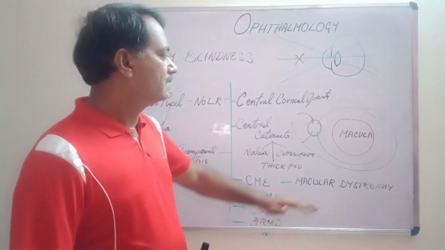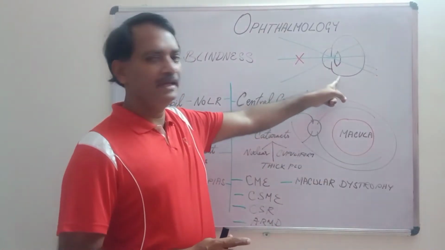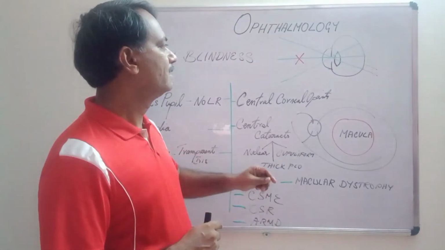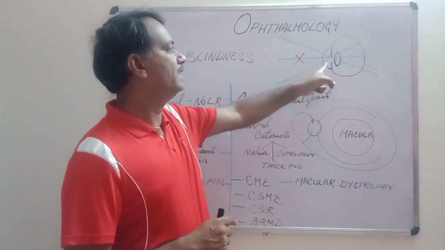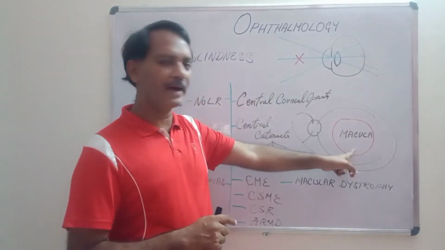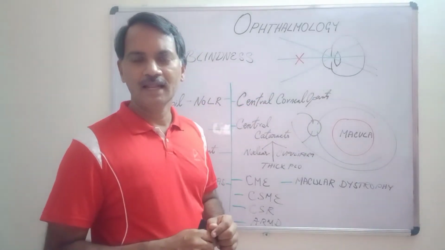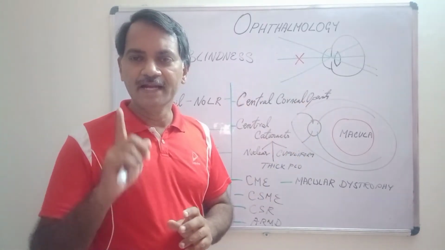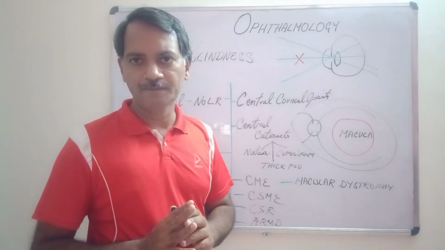Whenever light passes into the eye, particularly the light rays in the center, they pass through the structures of the eye and fall exactly on the macula. The light coming from an angle or from the periphery does not fall on the macula.